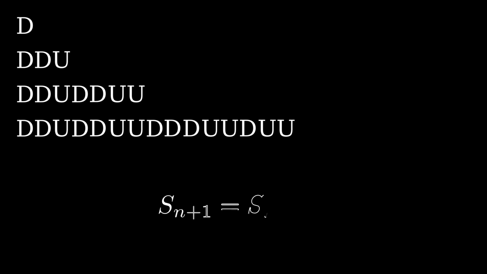If we denote by Sn the sequence of D's and U's after n folds, we can see that Sn+1 is constructed by taking Sn, adding a D in the middle, then adding Sn bar, which is the reversing and switching I just explained. We can also construct the string S infinity by repeating this step as much as necessary, virtually infinitely.